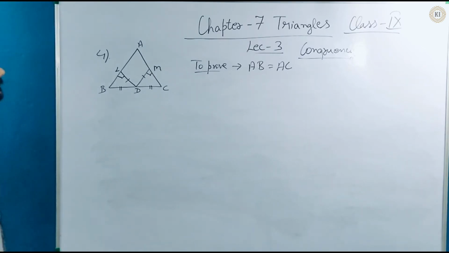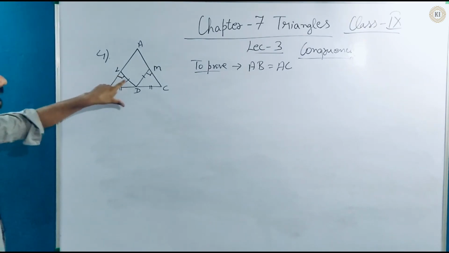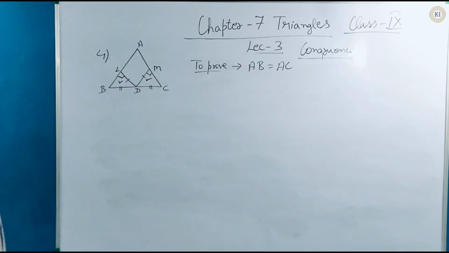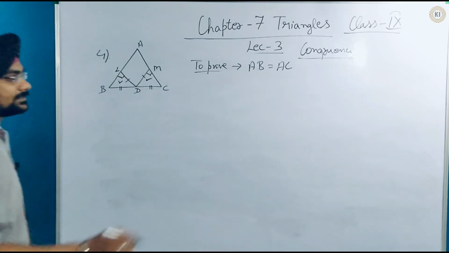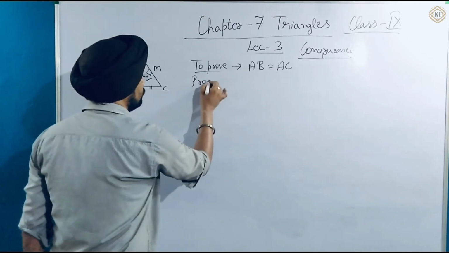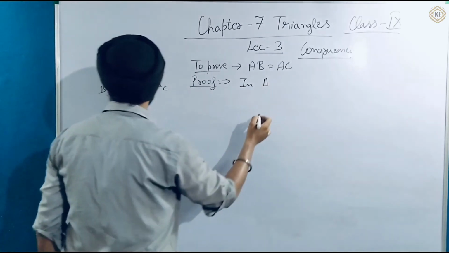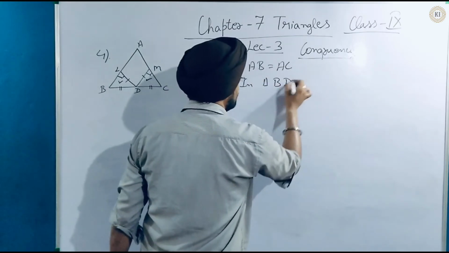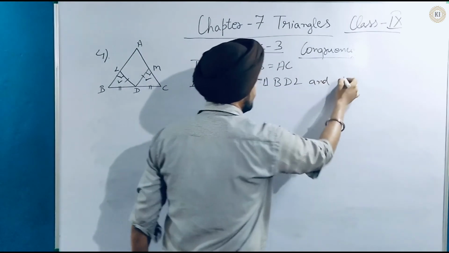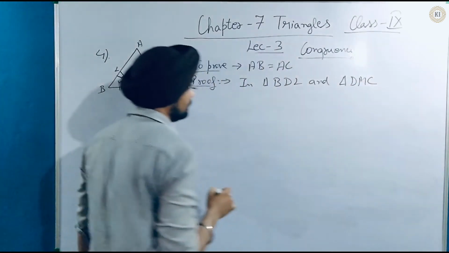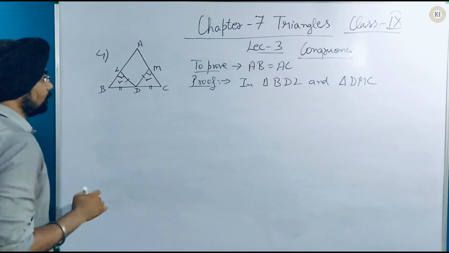Now see, we will prove that these two triangles are congruent, that is triangle BDL and triangle DMC. So prove, in triangle BDL and triangle DMC, both the triangles we will try to prove congruent.